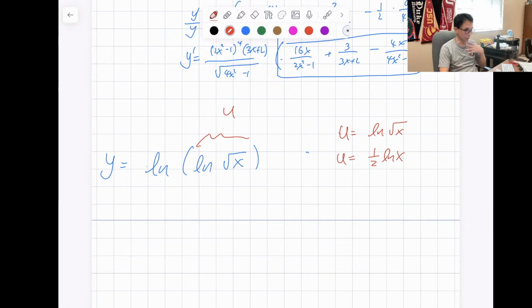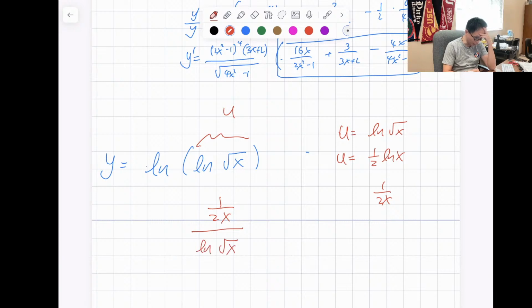What is du? One over 2x. So that's going to be one over 2x, that's the u prime. And this one is not the u, so it'll be the natural log of the square root of x, right?